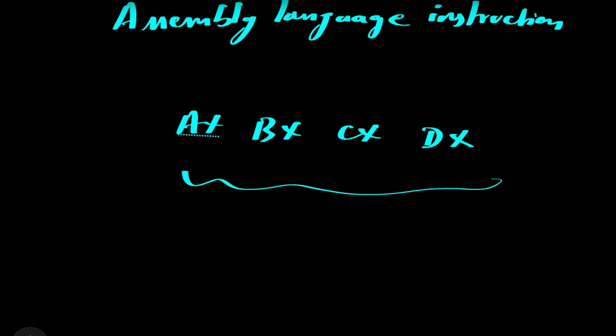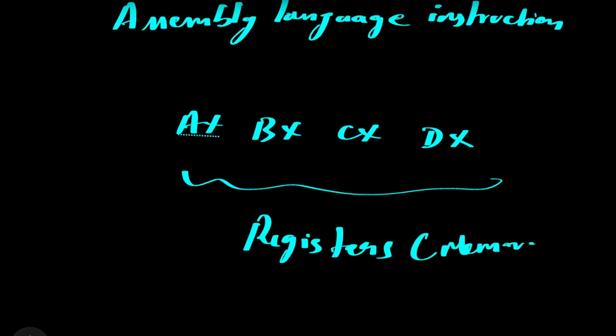Say for instance, we have AX, BX, CX, DX. These are the different registers, and a register is nothing but a memory.